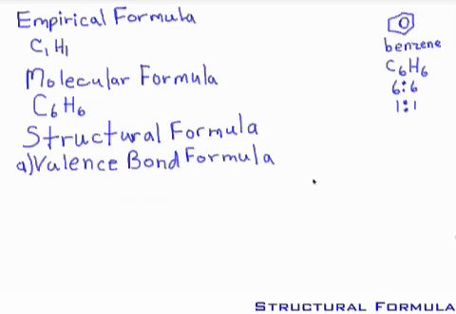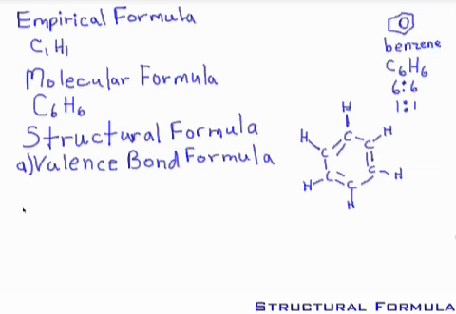So in the case of benzene, it doesn't matter where the double bonds were, you may have rotated them, it's still benzene. Notice our valence bond formula will be a Lewis structure as long as you show all the lone pairs. So this is also the Lewis structure in this case, because there are no lone pairs. If we chose to leave out the lone pairs in a valence bond formula, then it's not a Lewis structure.